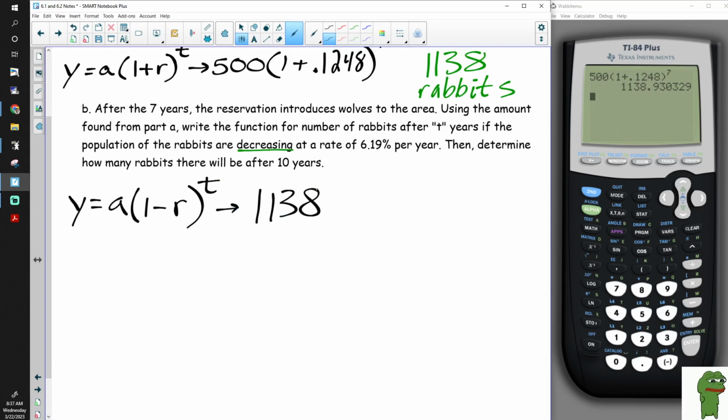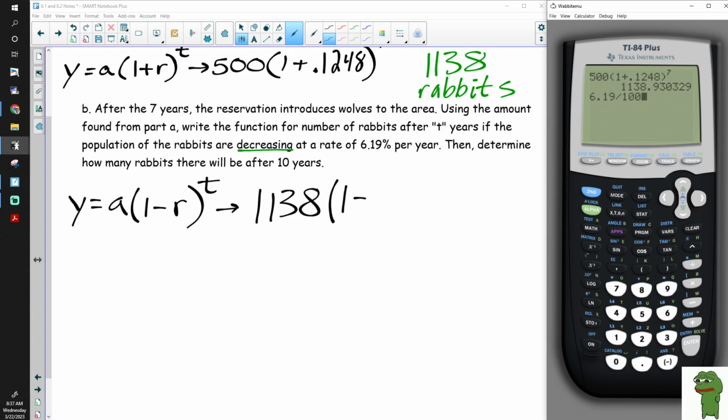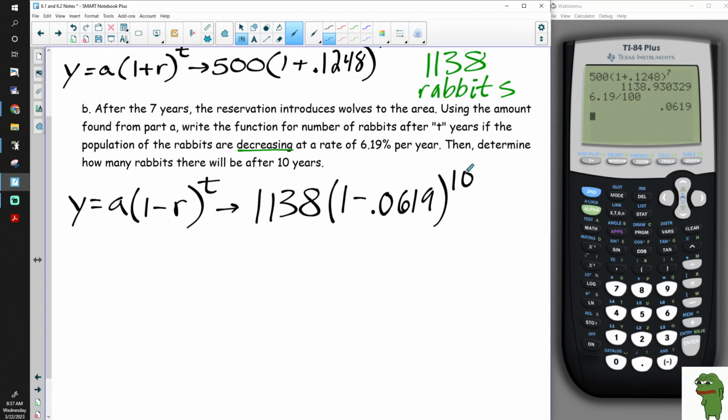That's our starting amount. 1 minus the rate, but we need to make sure we take that rate, 6.19, and divide it by 100. 0.0619. We're trying to figure out how many there will be after 10 years.